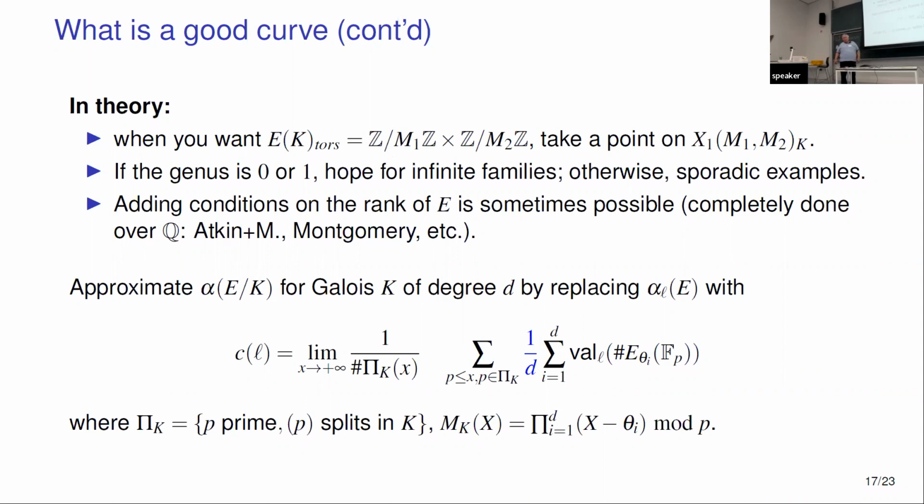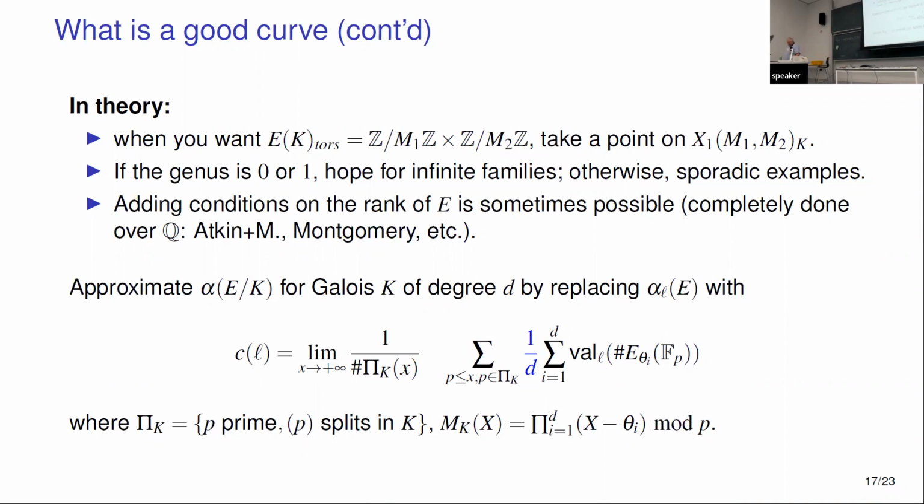Here it's a bit hand-waving again, because I don't know anything about torsion points on elliptic curves over high-degree number fields. But let's say that my field K is Galois of degree D, and then I replace alpha l of E by this quantity, which is close to 1, which I already defined, with the following rationale.